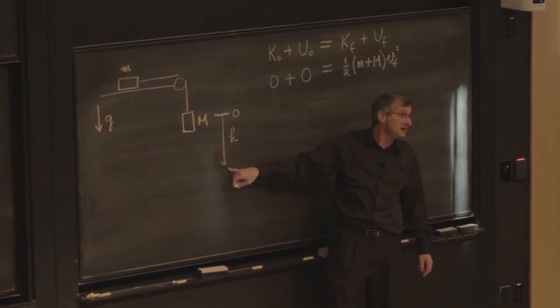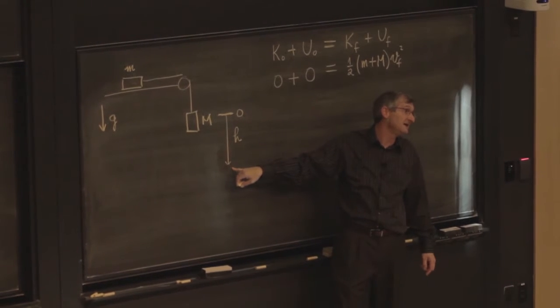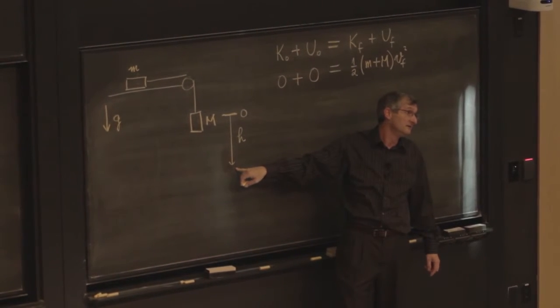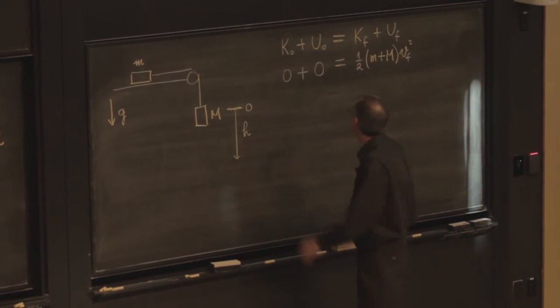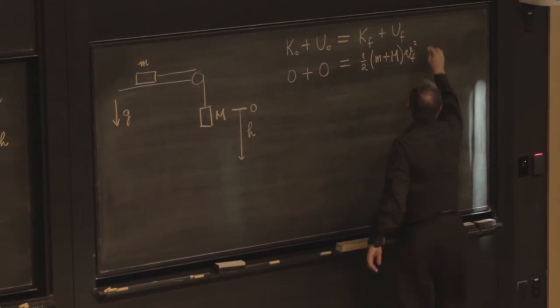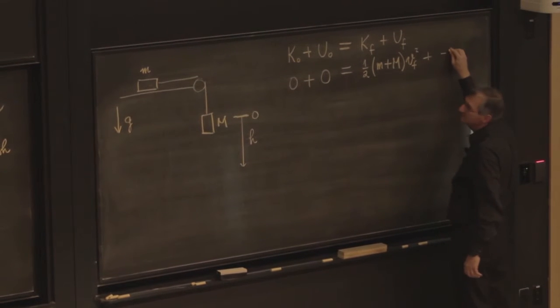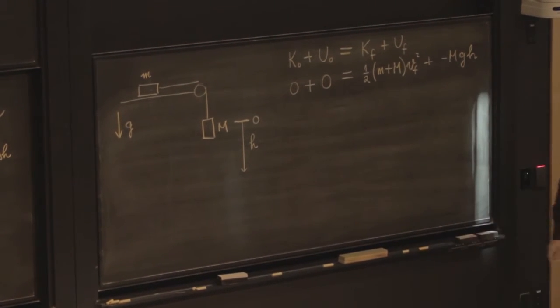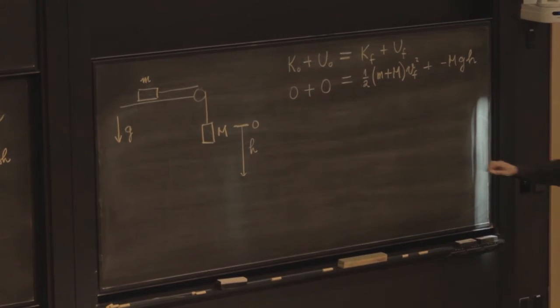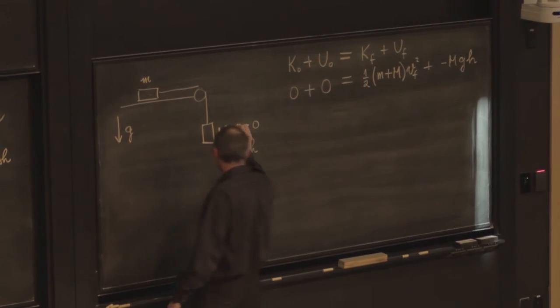Then if I'm down here, am I at positive or negative potential energy? I'm below 0, right? So I'm at negative. So if I do it this way, over here I have to add minus big M GH. That's if I define the zero of potential energy to be here.